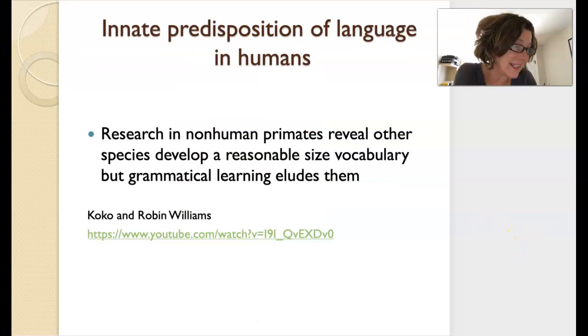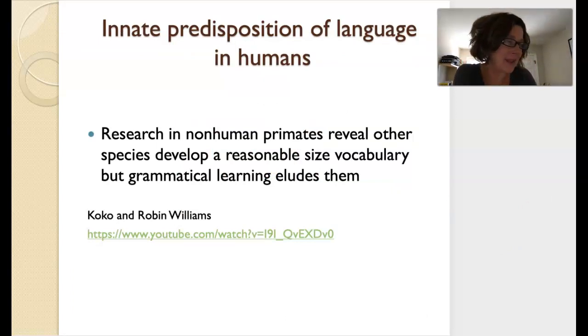And finally, I alluded at the beginning of the lecture to the whole idea of language being restricted to the human species. Research in non-human primates reveals other species develop a reasonable size vocabulary.